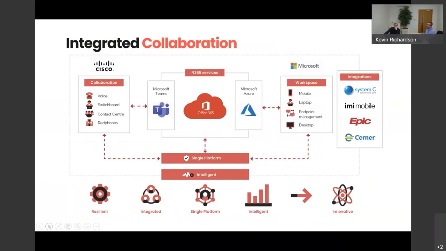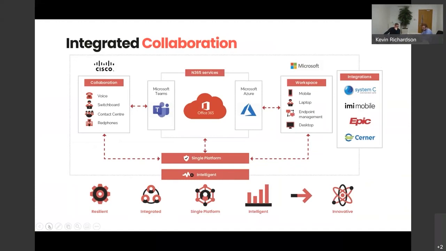Day-to-day administration tasks, moves, adds and changes, and new joiner requests can all be done through that service portal. Because you're running on a single platform integrated with the wider workplace services, that can all be done seamlessly, making it easy to manage, consistent, and easy for people to use.